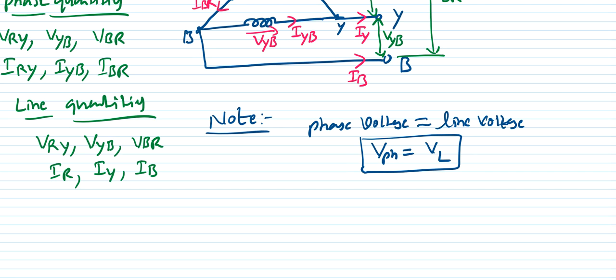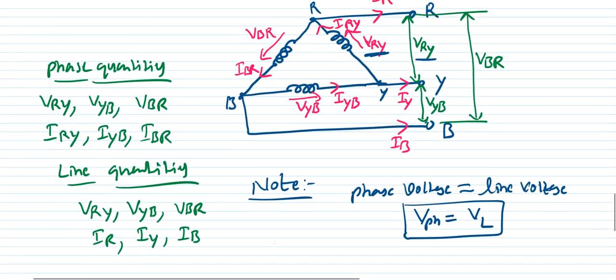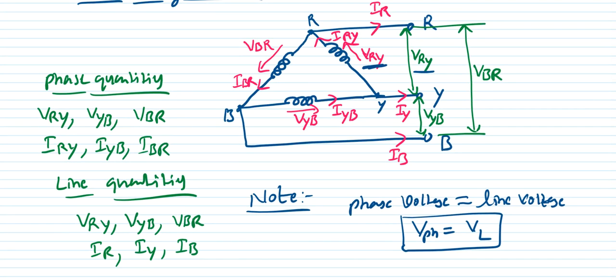Now, what I am trying to do here is take this point and apply KCL, because in this direction some current is flowing. This is the line current, this is the phase current, and this is also a phase current.